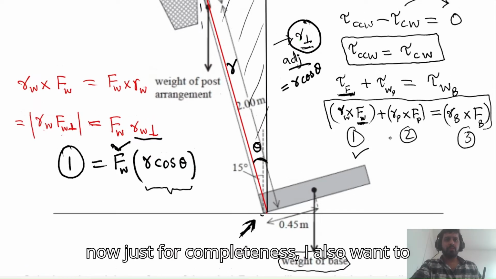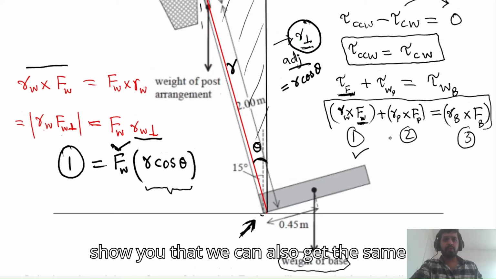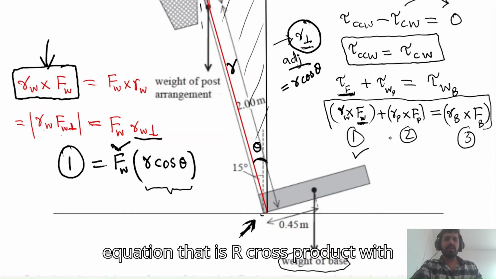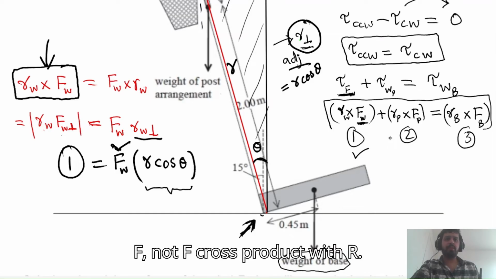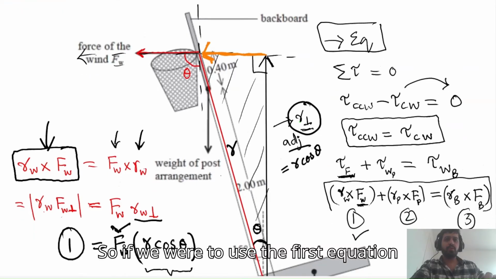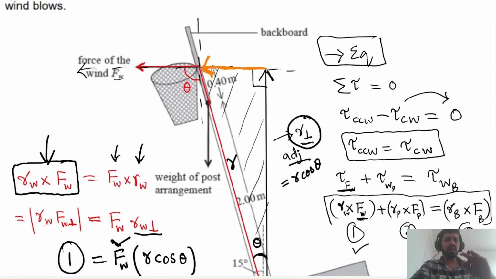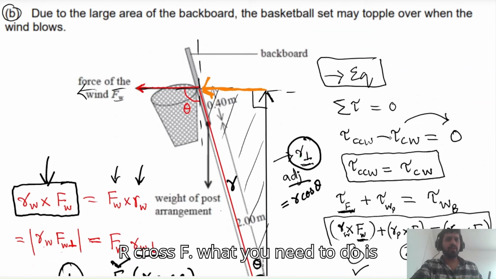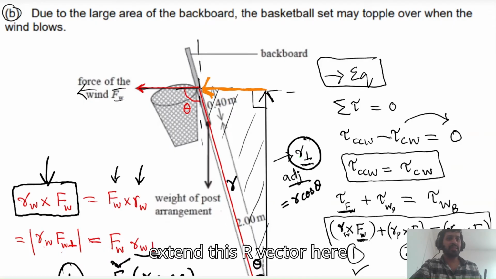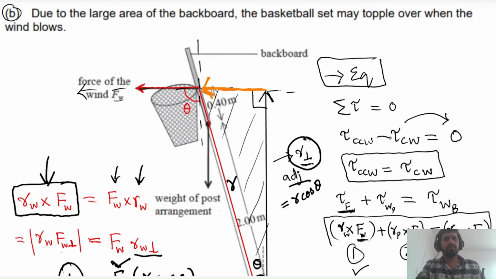Okay, now just for completeness, I also want to show you that we can get the same answer if we use the first equation, that is R cross product with F, not F cross product with R. So if we were to use the first equation, R cross F, what you need to do is draw your axis, or extend this R vector here like this.